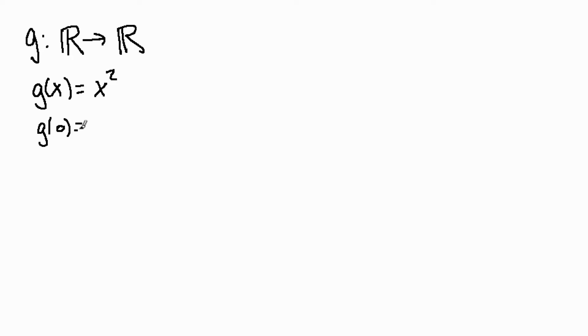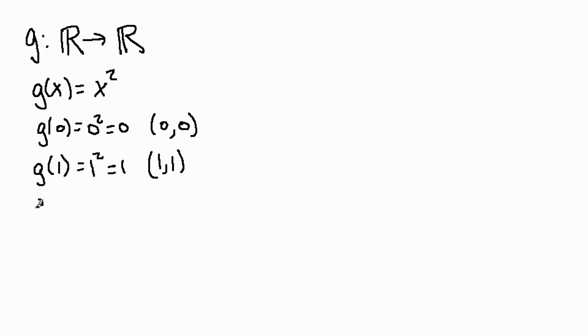G of 0 is 0 squared is 0. So that means that the point 0, 0 is on the graph. And if I were to look at g of 1, that's equal to 1 squared is equal to 1, which tells me that the point 1, 1 is on the graph. G of 2 is equal to 2 squared is equal to 4, which means that the point 2, 4 is on the graph. But now let's start sticking in some negative numbers. Suppose I were to look at g of minus 1.